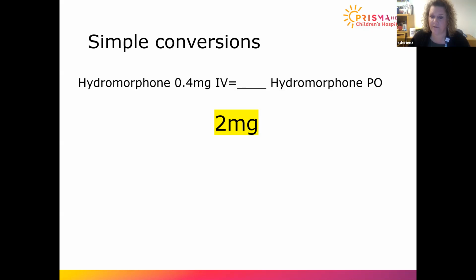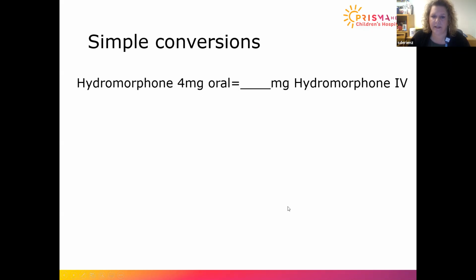So in general, this is 5 times. So the PO dose would be 5 times your IV dose if you were converting hydromorphone IV to PO. And so here's the reverse. So your hydromorphone 4 milligrams oral would be how much of the IV?